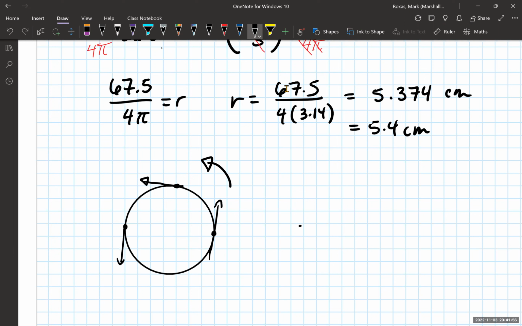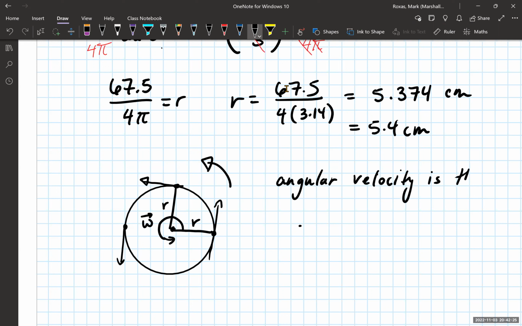What we're interested in is, if this circle has a radius, what is that angular velocity, omega? Angular velocity is the rate of change of angular displacement.